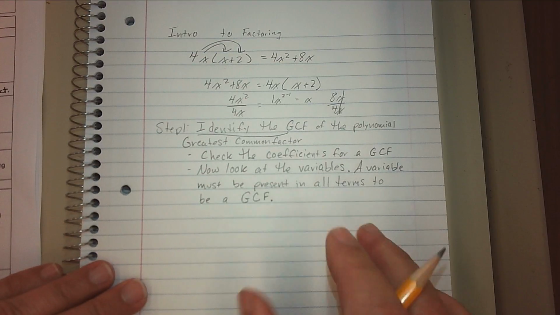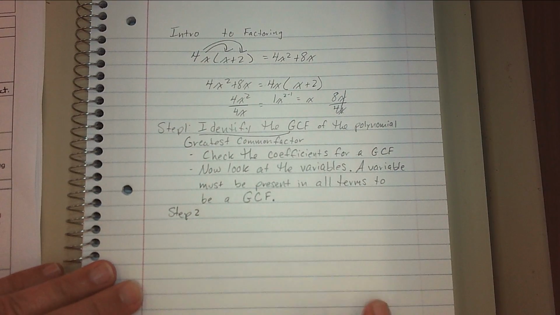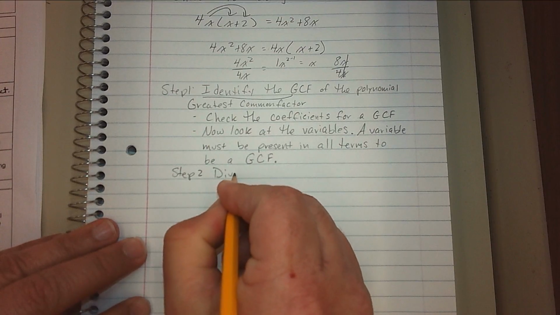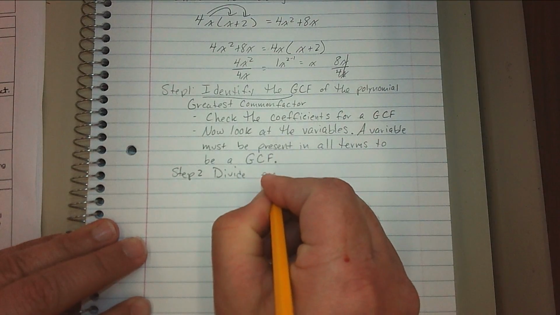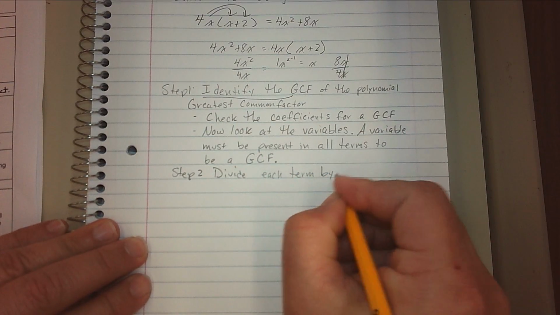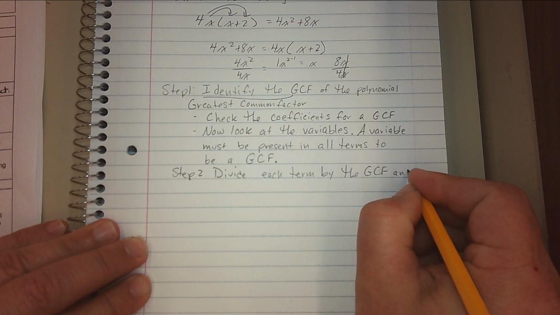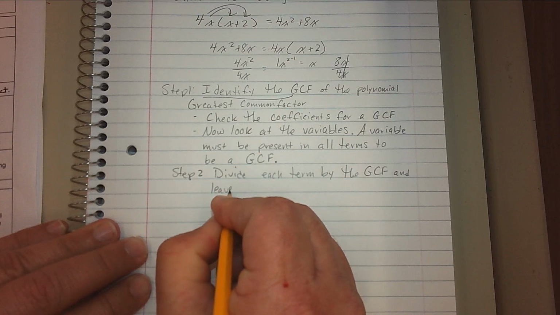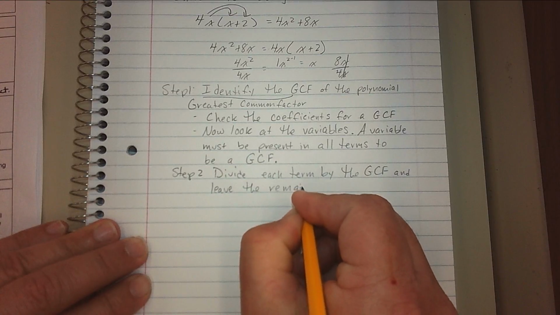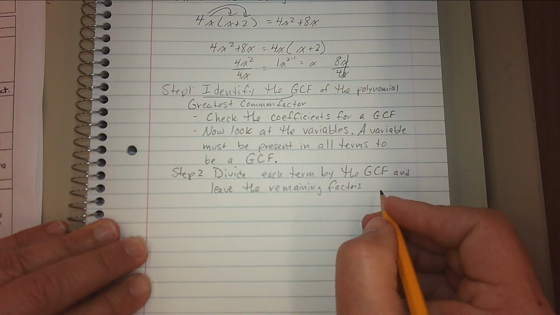All right? So then step 2, we're going to divide each term by the GCF and leave the remaining factors in parentheses.